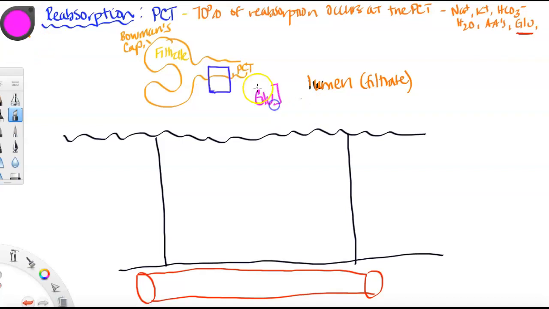We have glucose in the filtrate. It's been filtered out, right? So we got to get that back in. How much glucose should end up in the urine? 0. 0 glucose should end up in the urine. So we reabsorb all of it.